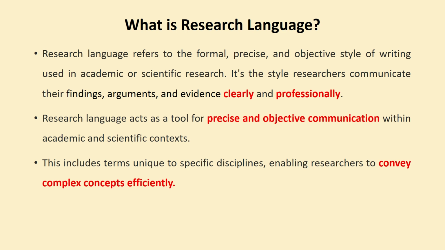You can see here that we are talking about a language which is professional, which communicates and propagates your findings and arguments very clearly. Whatever you prepare and plan in your research proposal, you have to communicate in a research language. So, research language acts as a tool for precise and objective communication within academic and scientific context.